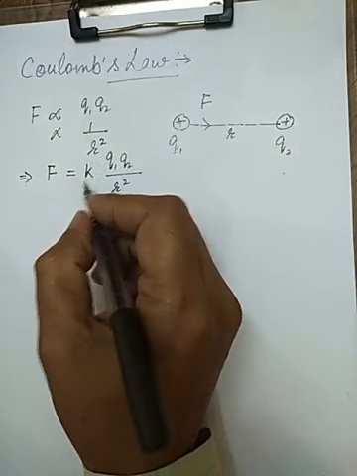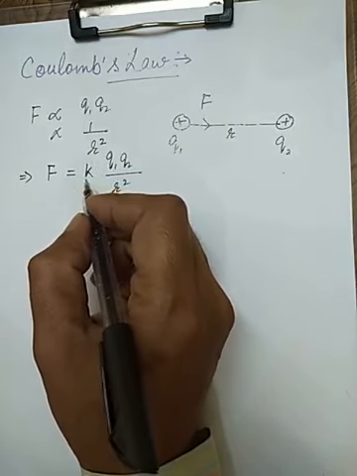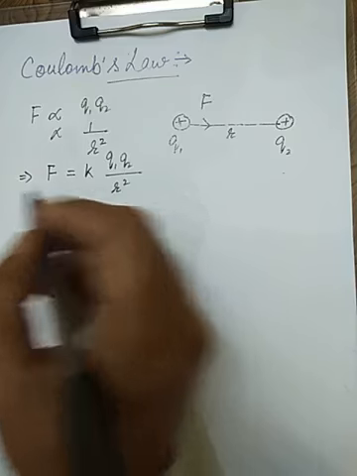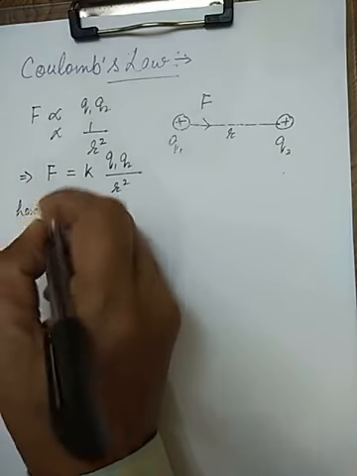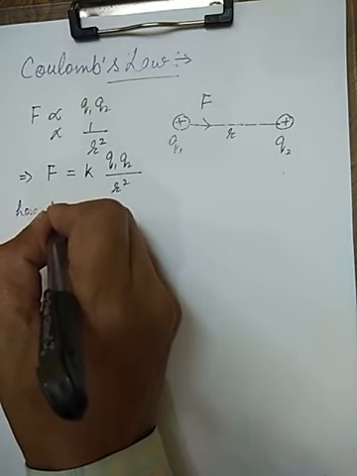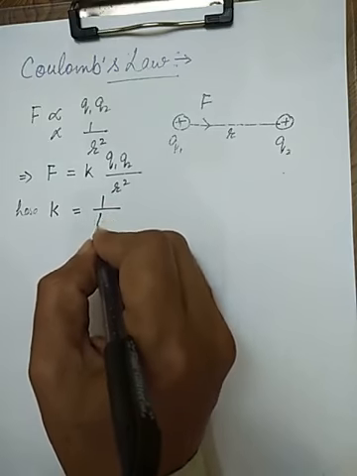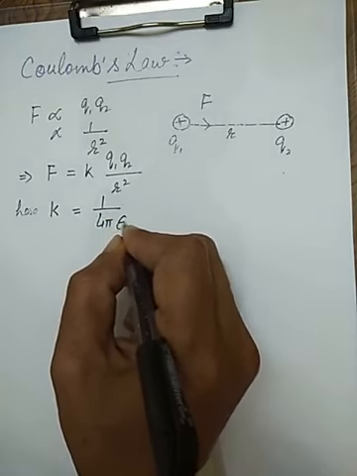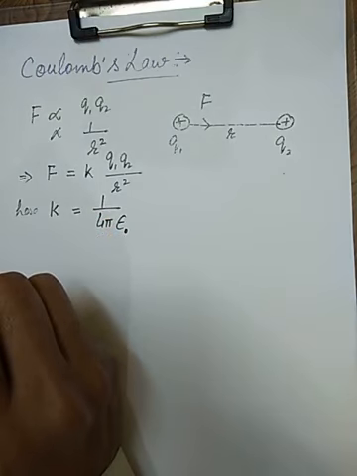The value k is known as the Coulomb constant or electrostatic force constant, and its value is equal to 1 upon 4 pi epsilon naught. Here epsilon naught is known as absolute permittivity.